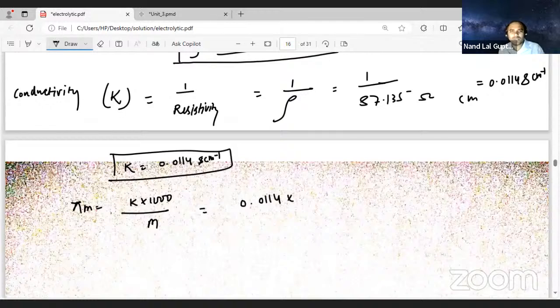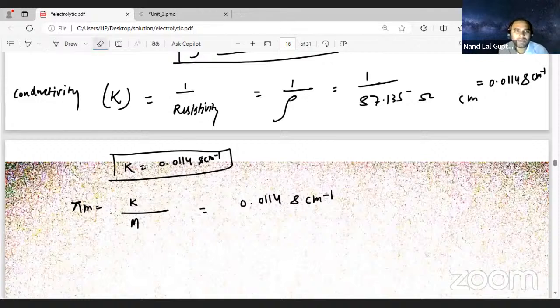The units are very important. If you don't keep the units in mind, you won't be able to solve the problem. Siemens centimeter inverse means the molarity value, the concentration, should also be in the same unit.